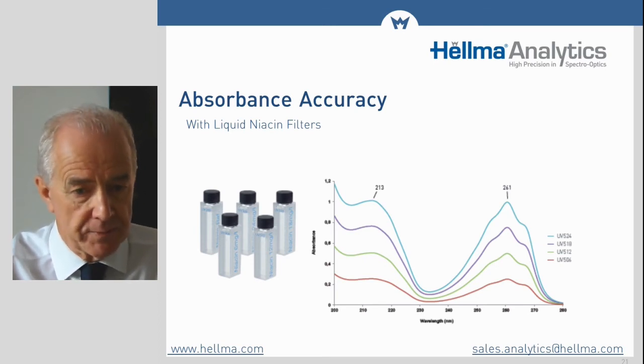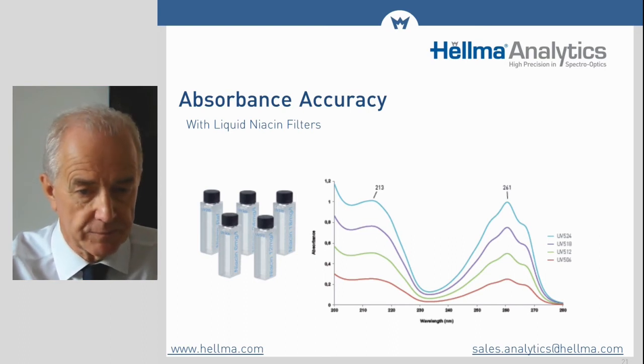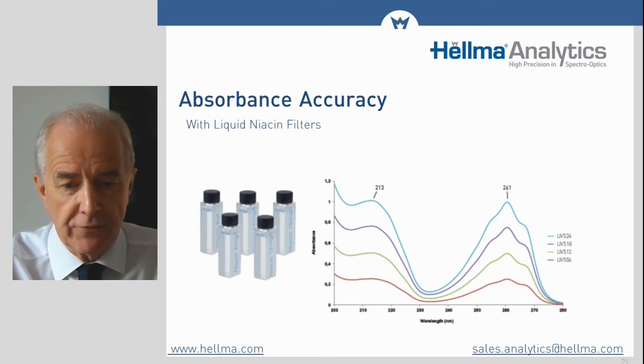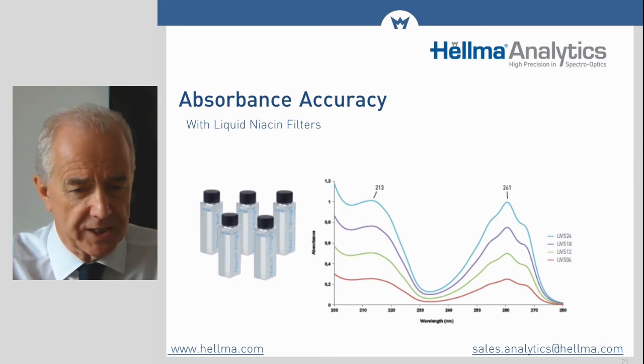So the challenge for EP10 compliance is to find a combination of filters that bracket your expected absorbance range and fall within your operating wavelength range too. If you need any help finding the best combination for your application, simply contact your local Hellma office.